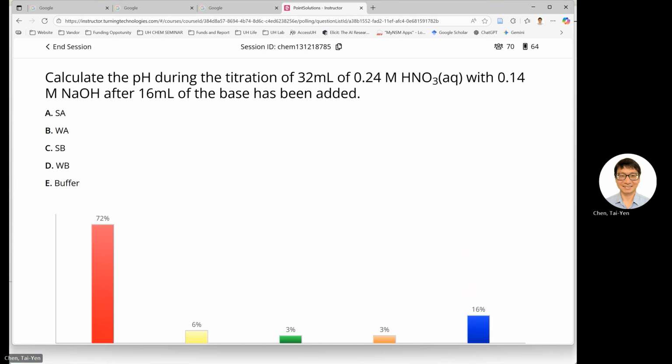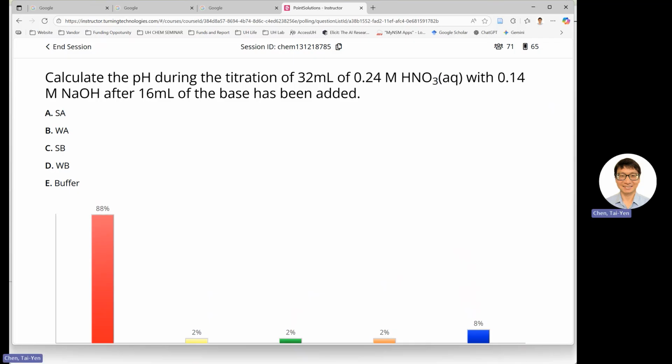Meaning that if you understand the definition of a buffer, you shouldn't choose buffer as your answer for these questions. But if I don't typically mention these things and point out that what you have is really just a strong acid and a strong base, half of our class is going to choose buffer.